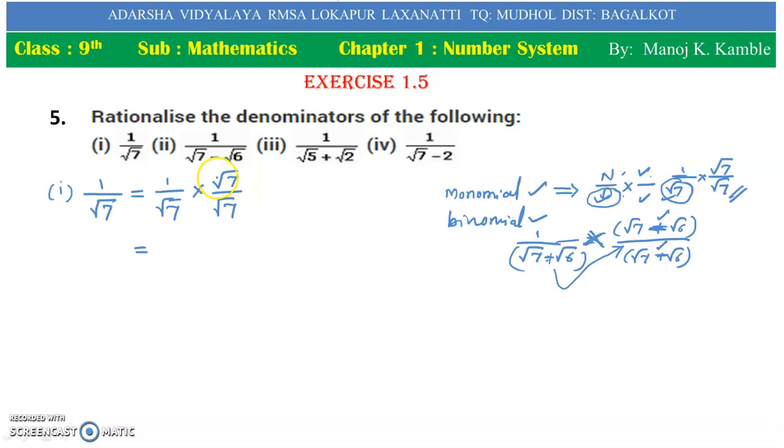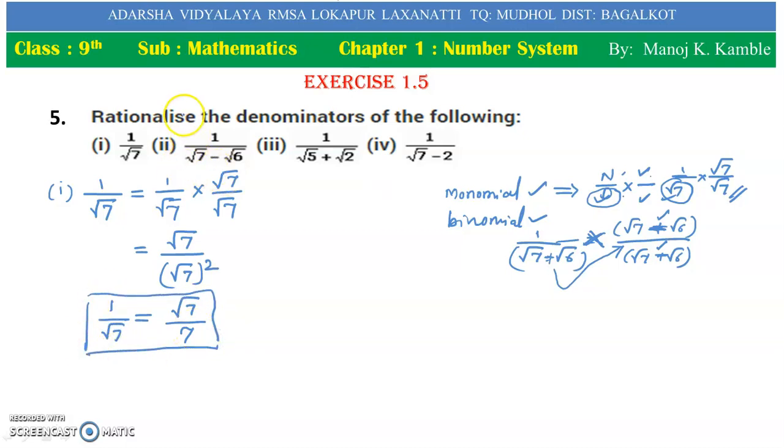In the numerator, 1 into square root of 7 becomes square root of 7, divided by square root of 7 into square root of 7, that is square root of 7 whole squared. The square root and the square cancel, so it becomes 7. This is the final answer. So we have rationalized the denominator. Here 7 is a rational number, so this is the final answer. The first question is clear, and next the second one.